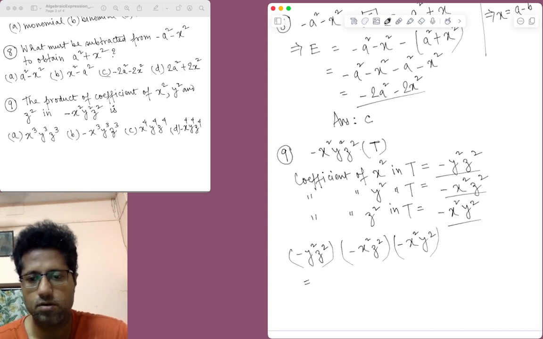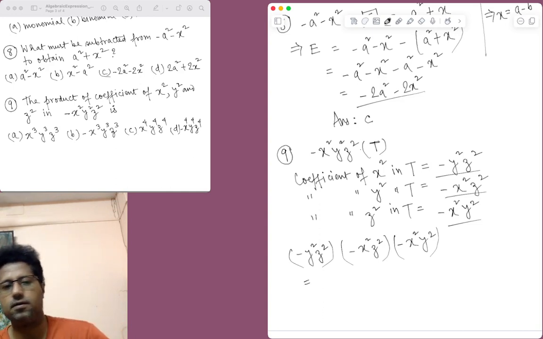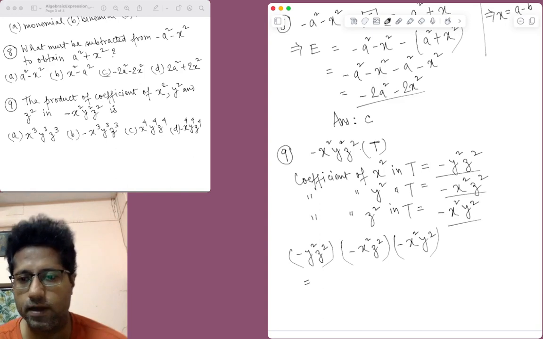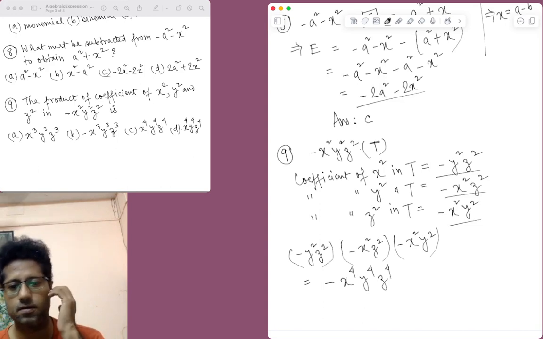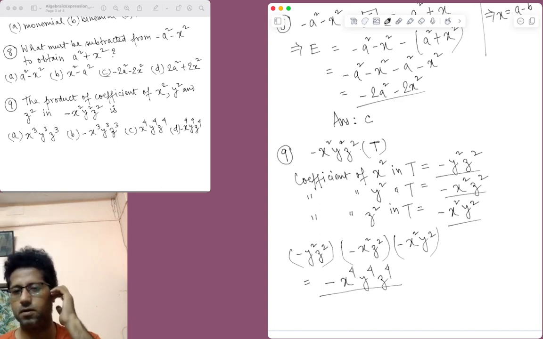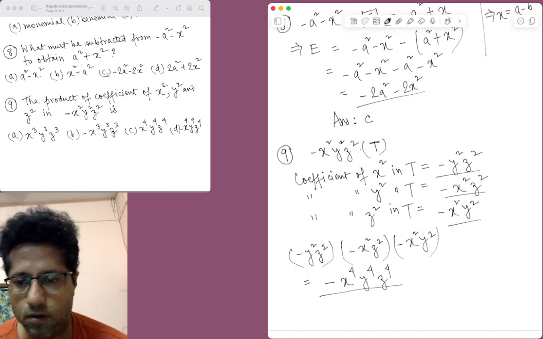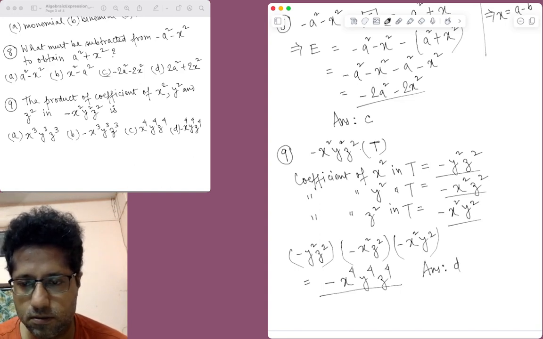Now three terms are there and they are all negative. So the final result will be negative, and x square into x square will be x to the power 4, y square into y square will be y to the power 4, z square into z square will be z to the power 4. The answer is minus x to the power 4, y to the power 4 and z to the power 4. So the answer is choice D.